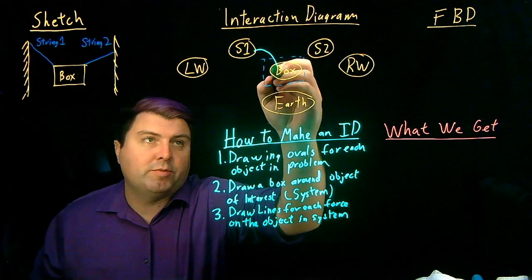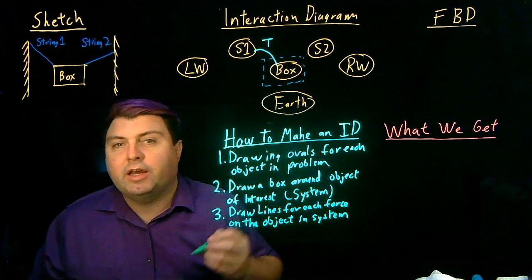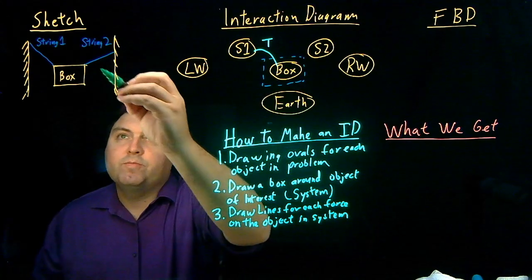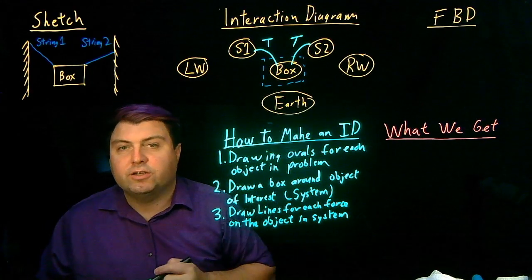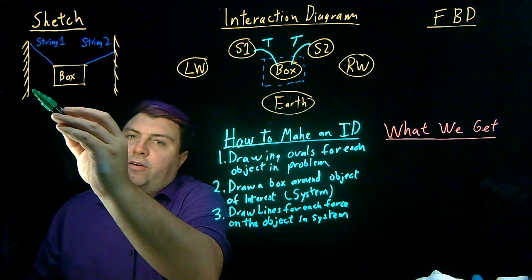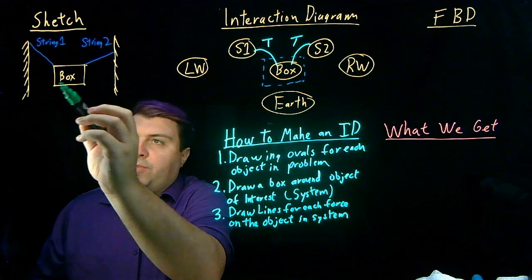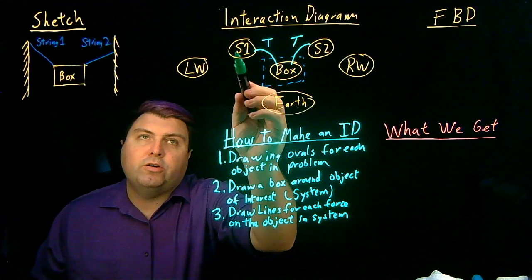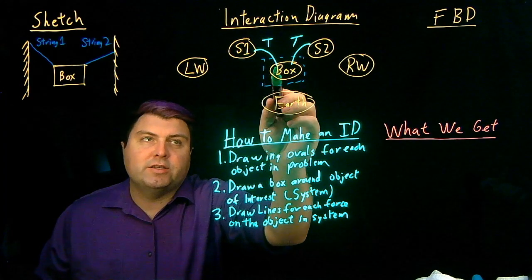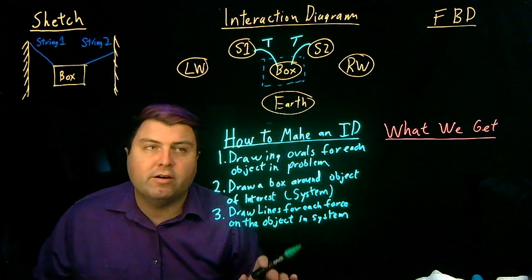So we can draw a line between string 1 and the box and label it with the tension. Between string 2 and the box, we can label another force of tension. We don't actually have any interaction between this left wall and the box. They're not in contact with each other. They don't have any non-contact forces. We could draw a line here, but it doesn't interact with our box, so we don't care about it.